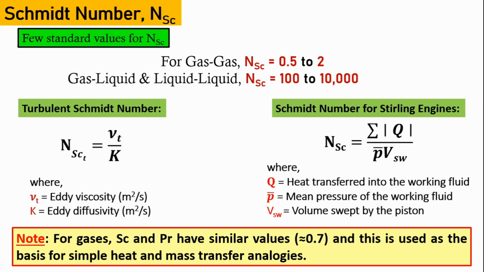So for those types of engines, the Schmidt number is defined as the ratio of summation Q upon P bar VSW, where Q is heat transferred into the working fluid, P bar is mean pressure of the working fluid and VSW is the volume swept by the piston. Also, the Schmidt number and Prandtl number have similar values, equal to 0.7, when you use them for heat and mass transfer analogies, and it is true for the case of gases.